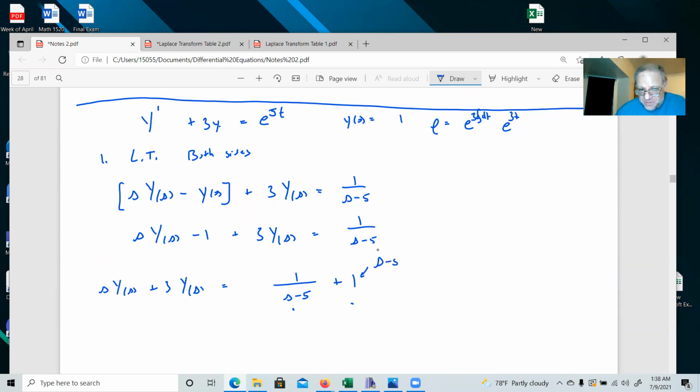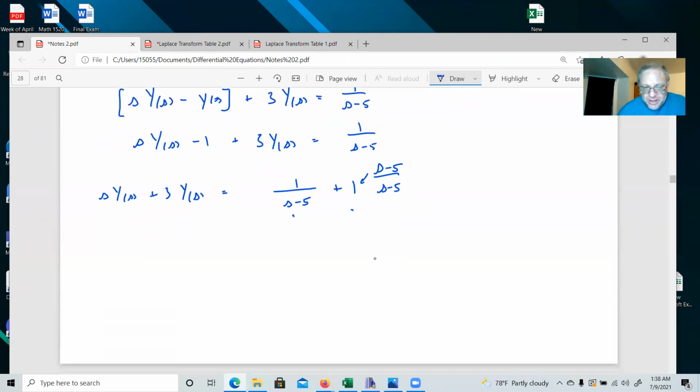So this is going to be s minus 5, isn't it? Okay, so this is going to be Y of s, common, right? What's left? s plus 3. This is equal to 1 over s minus 5 plus s minus 5 over s minus 5.